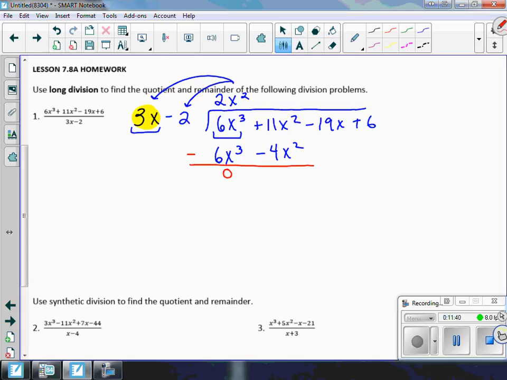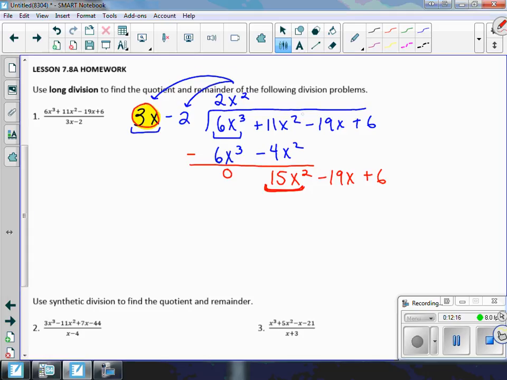And 11 minus negative 4 is 15x squared. Bring down minus 19x plus 6. And now you're going to figure out, what do I multiply this 3x by in order to make it look like 15x squared? I'm going to leave the rest of this problem up to you to finish. Take it through to your final remainder.